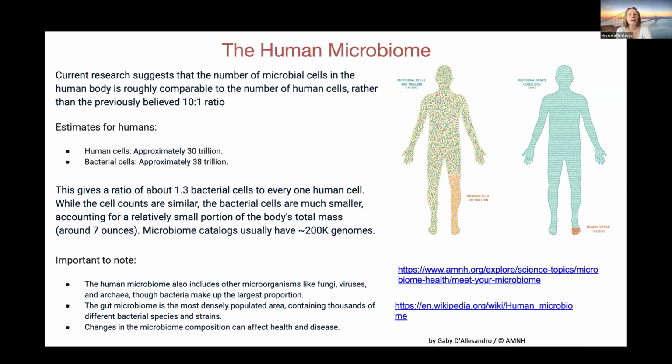Then we went to strains, which is a very specific strain of a species. And it's very important to note that the human microbiome also includes other organisms, and that bacteria make up the largest proportion.